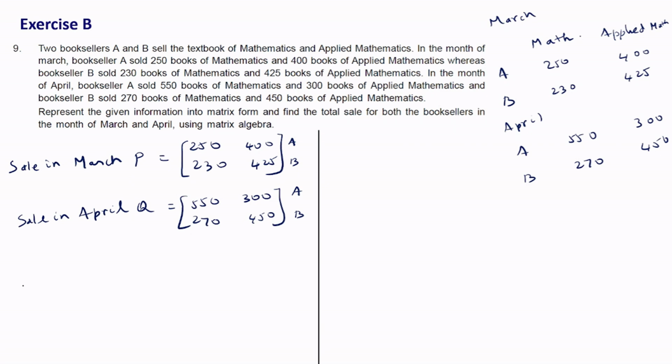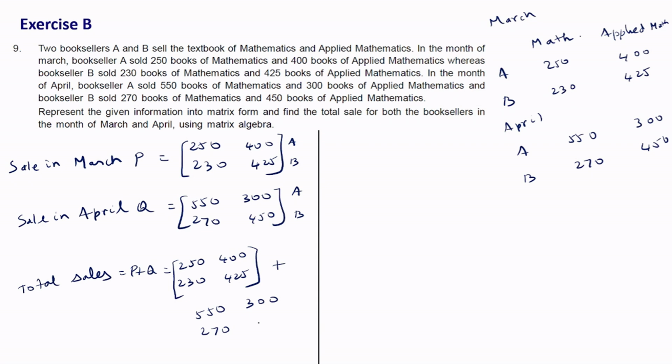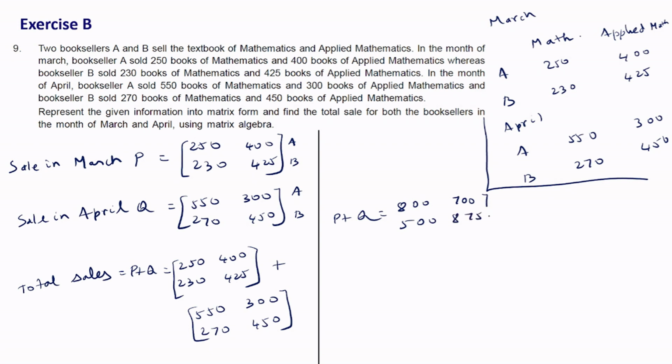Now total sales will be P plus Q. It is the sum of these two matrices, matrix P plus matrix Q. So P plus Q is equal to 250 plus 550, 800, 400 plus 300, 700, 230 plus 270, 500, 425 plus 450, 875.